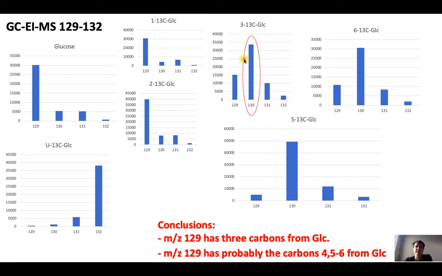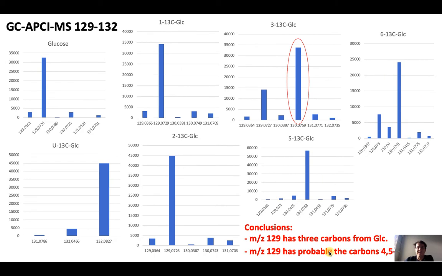But the main conclusion I can take from this analysis is that this standard here is contaminated, so it probably has the carbons 3 and 4. So what we believe is that this fragment has 3 carbons and probably has the carbons 4, 5, and 6.